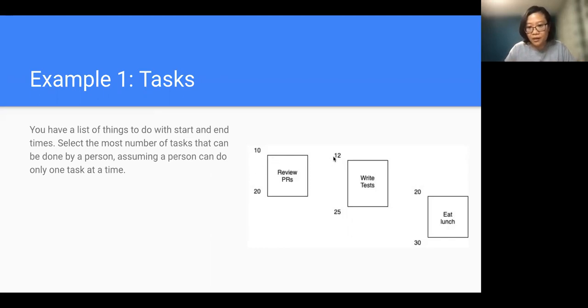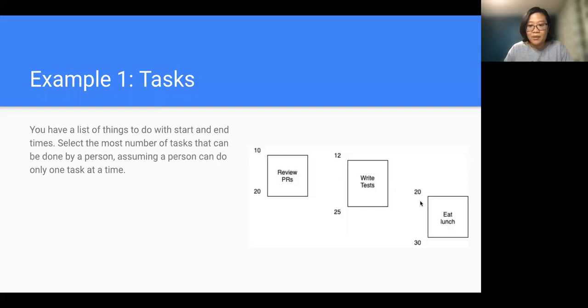So we said overlaps, right? If you think about it this way, this one starts at 10 and ends at 20, and the other one, eat lunch, starts at 20 and ends at 30. That means these two things you can do given a schedule.